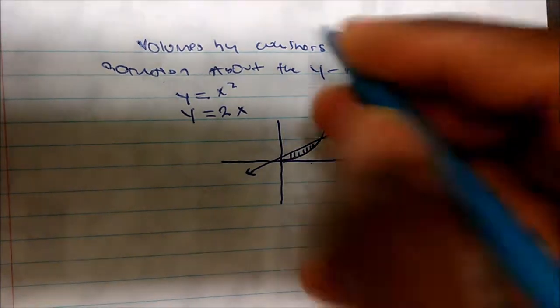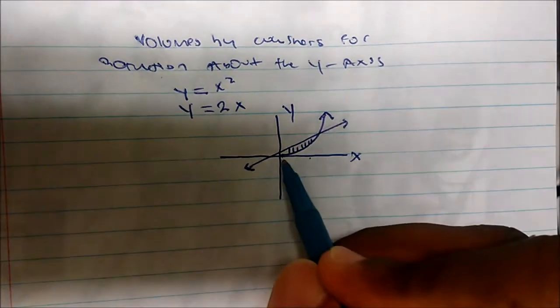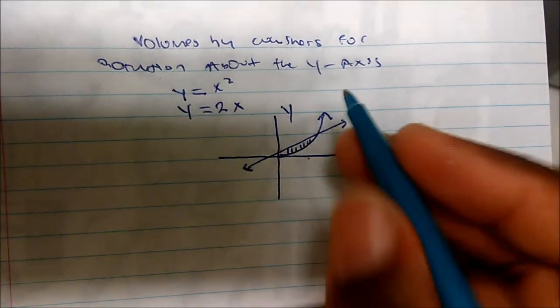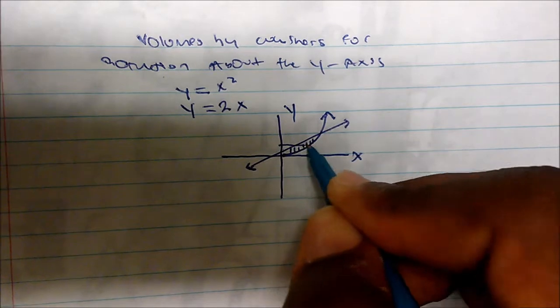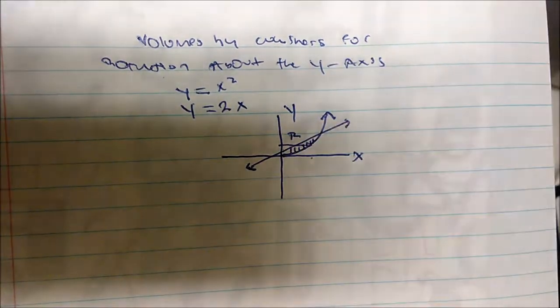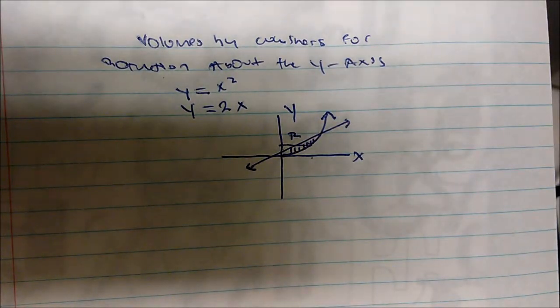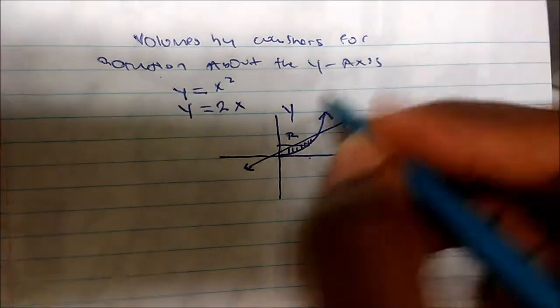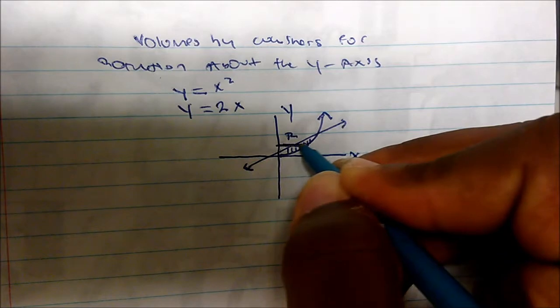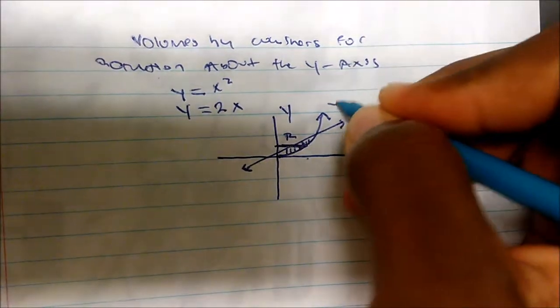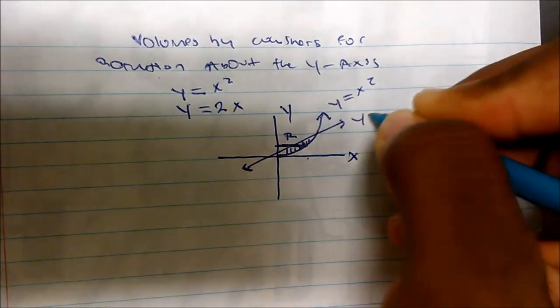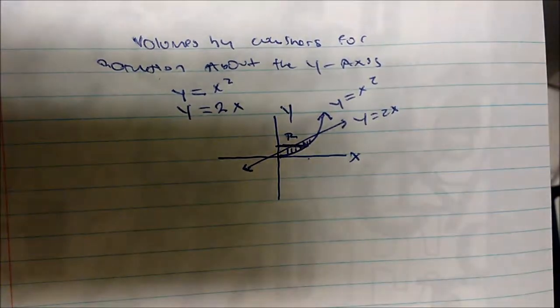Now, because I'm walking with respect to the y-axis, from the y-axis to the upper function will be my radius. So this is y is equal to x squared, and this is y is equal to 2x. So what's the integration?